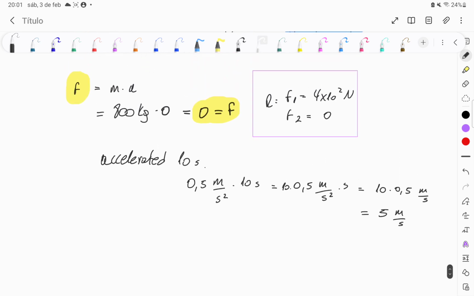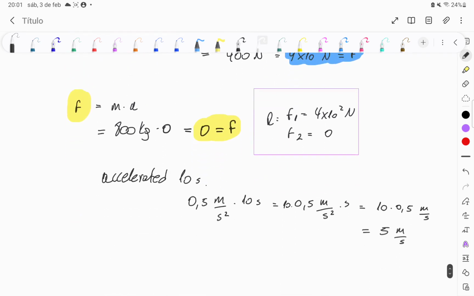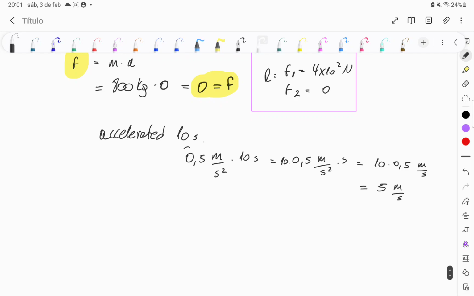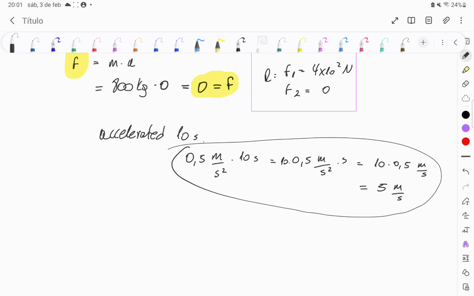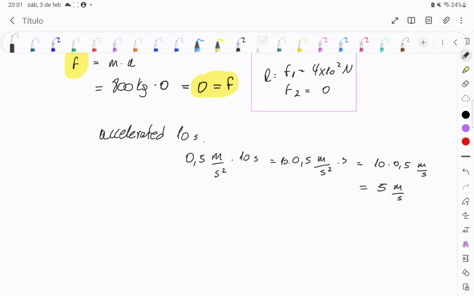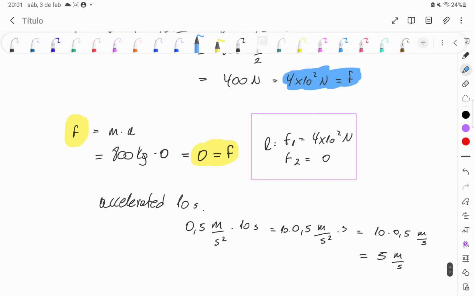And this is how much it changed the speed in 10 seconds. That's what the acceleration says: how it changed the speed according to the time passed. So if you want to know the final speed, you have to multiply how much it changed every second by the amount of seconds, and that is going to give you the final velocity.